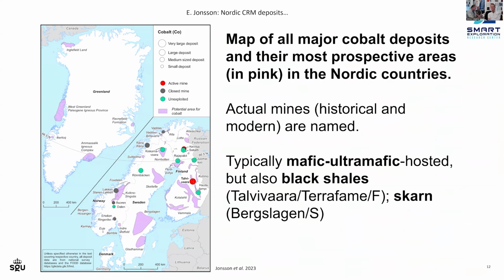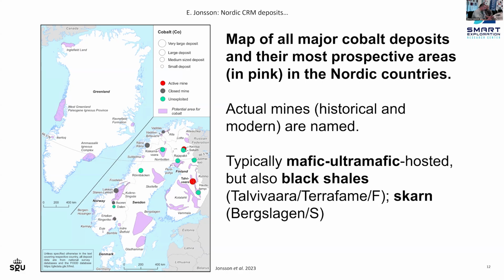So if you just look into some of the most important ones of the CRMs with regards to Nordic conditions, Nordic geology, we will see that cobalt, for example, is presently only being mined in Finland, and that's actually the only significant cobalt production in Europe as a whole.